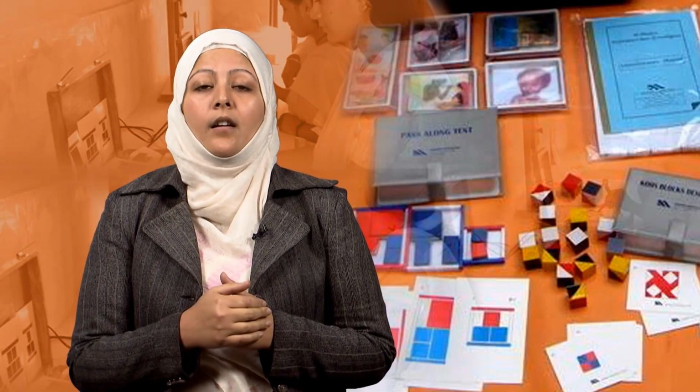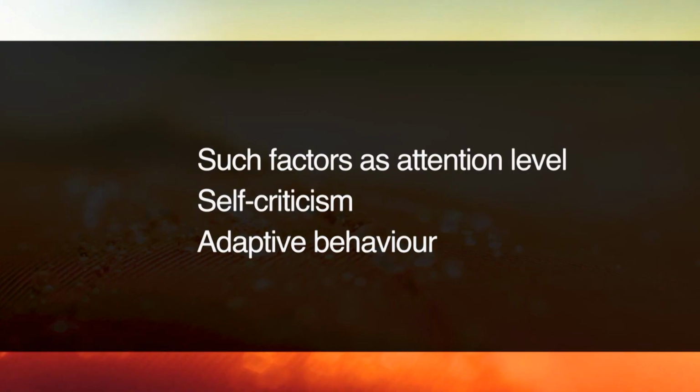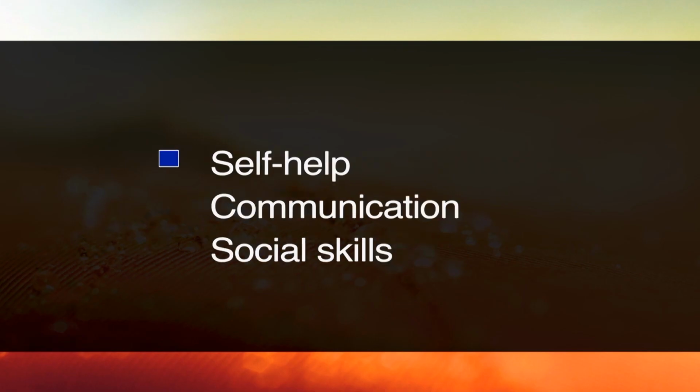Performance is based not just on the accuracy of the drawings but also on the examiner's observation of behavior during the test, including such factors as attention level, self-criticism, and adaptive behavior such as self-help, communication, and social skills.